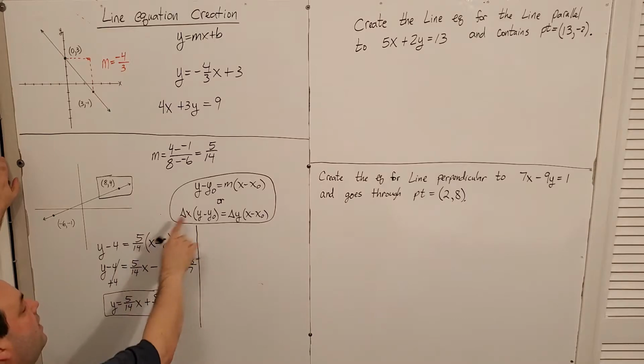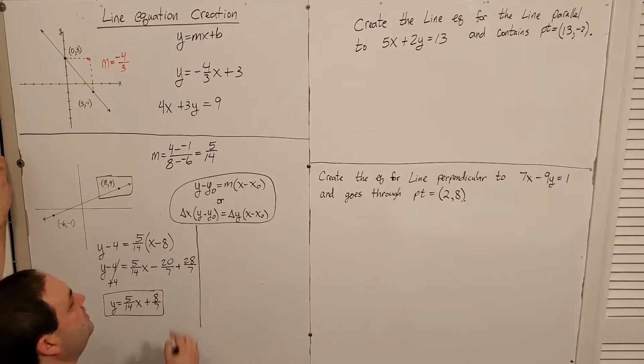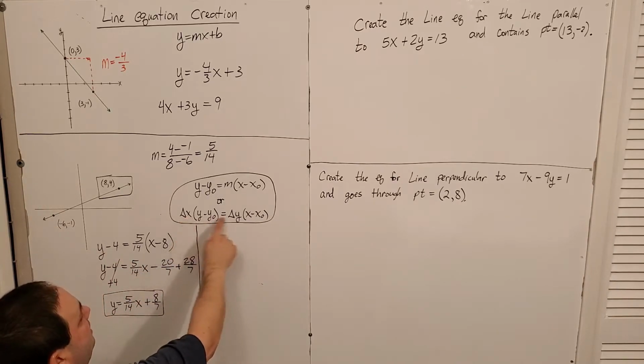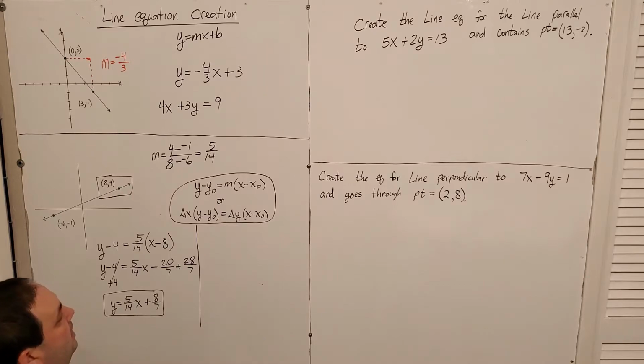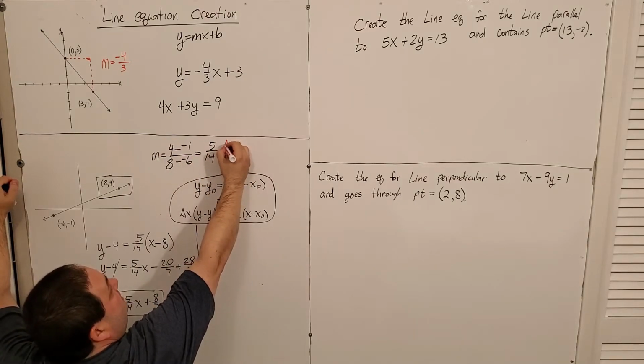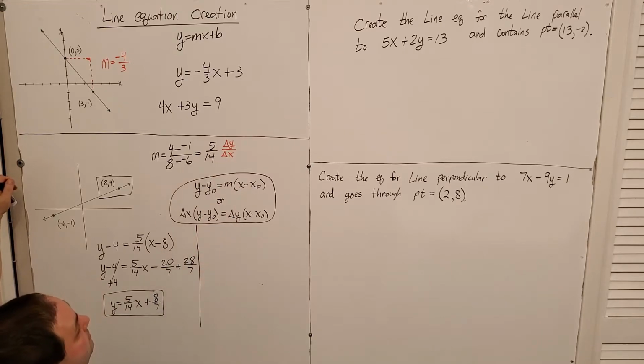Or if I use the other version of point slope here, then I just need to, in my mind, be able to distinguish what's delta x and what's delta y. If you've already got your slope, you have those. Remember, slope is rise over run. Delta y over delta x. Rise over run.